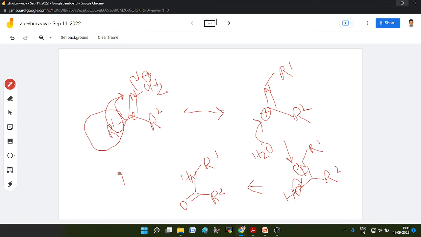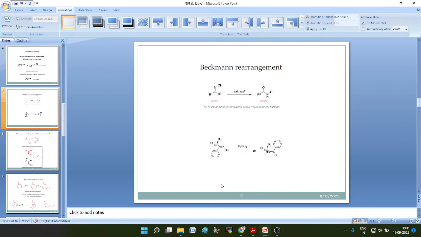Now imagine it can leave as an R1 plus carbocation, or R1 minus. It can leave as R1 minus, then it can do the thing. That is also a possibility. Such things will be discussed in this next question.